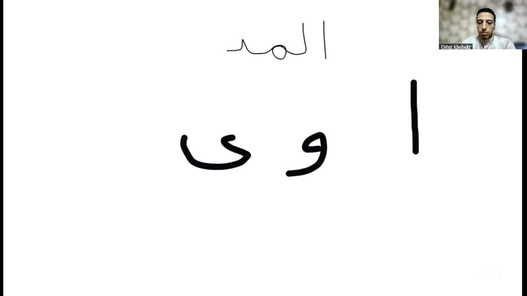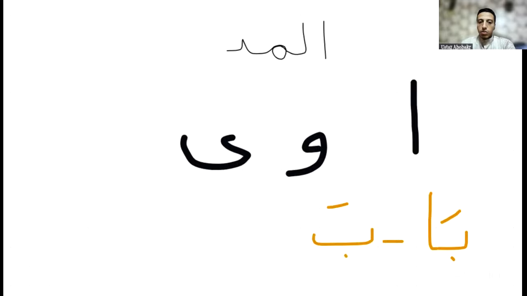So if we have ba with fatha, followed by this alif, we will stretch the vowel sound one more second. So we are going to say ba. Ba with fatha only was ba, but ba with fatha and mad alif is baa.